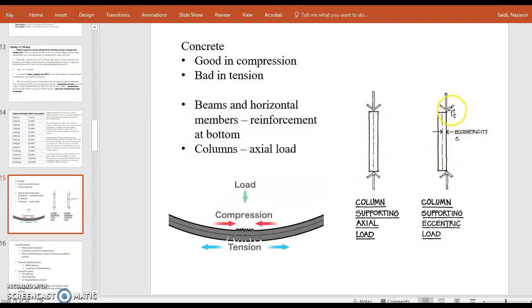When we shift the load to the side, we call it eccentric load. Column supporting eccentric loads are not appropriate for columns. For that reason, most concrete columns are in cross-section, square, any shape that is equal distance to its center, and we apply the load axial at its center.